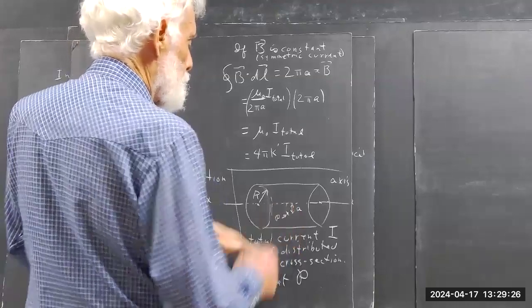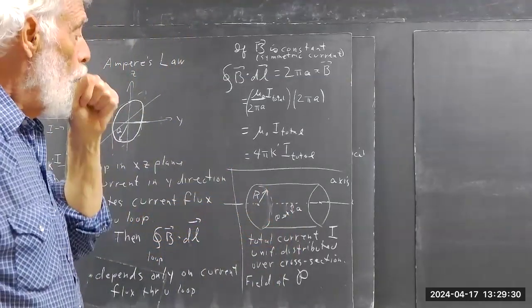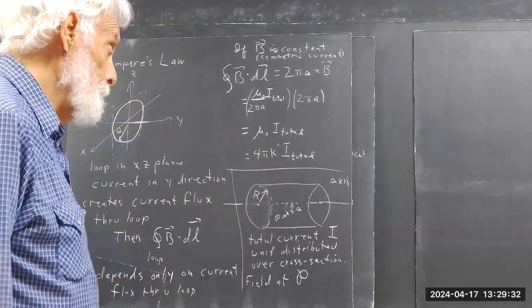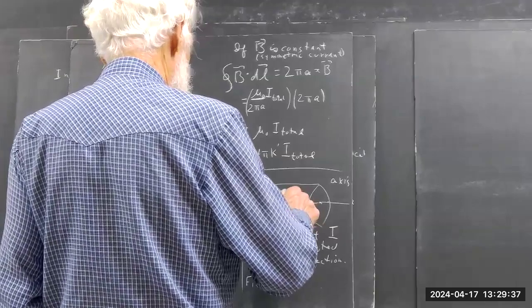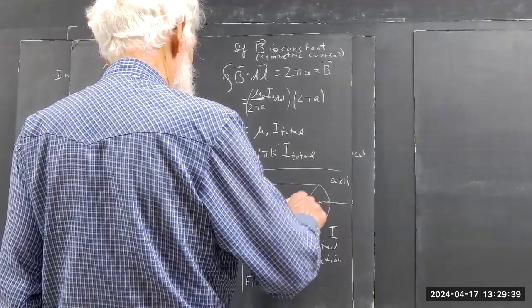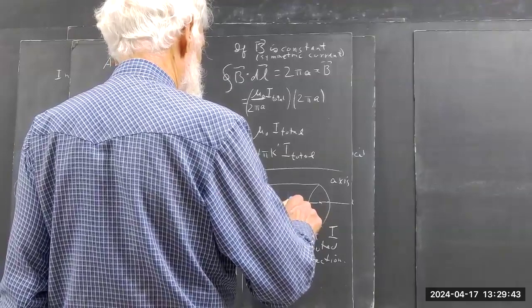Okay, so we're going to draw the loop. It has to go through the point P because that's where we want to find the field. The point P is a distance a from the axis. We want symmetry, and we really should sketch our loop.